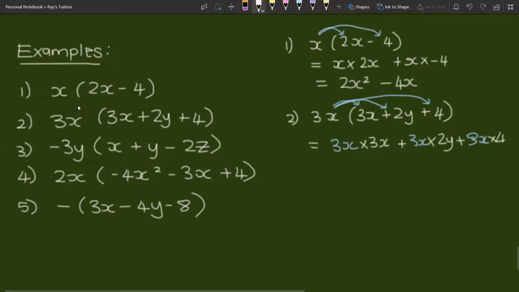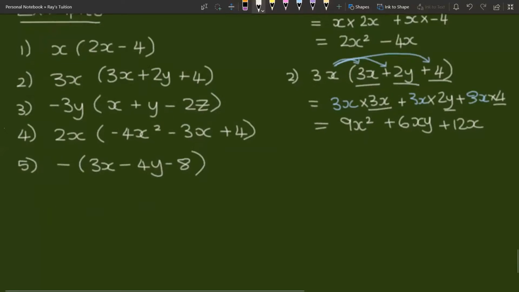We've distributed that 3x to every single term in the bracket, the 3x, the 2y, and the 4. Now let us simplify. 3x times 3x, 3 times 3 is 9, and x times x is x squared. 3 times 2 is 6, and x times y is xy. And 3x times 4 is 12x.